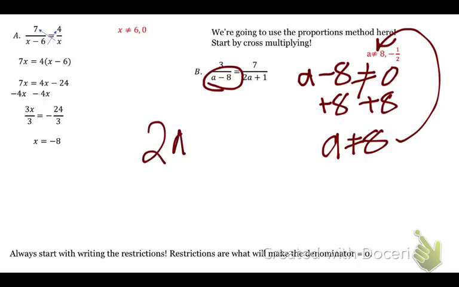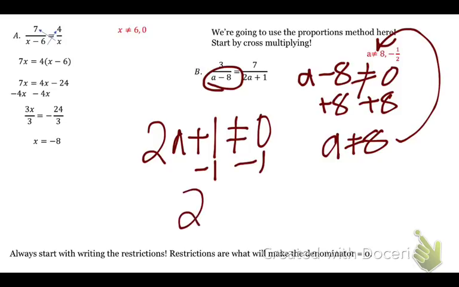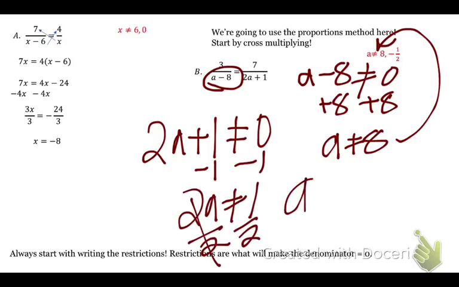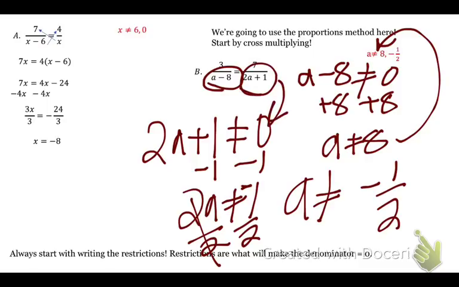Then we have 2a plus 1 cannot equal 0. Subtract the 1, so 2a cannot equal negative 1. Divide by 2, so a cannot equal negative 1/2. Oh, that should have been a negative 1. So you get those by setting the denominators so they cannot equal 0.